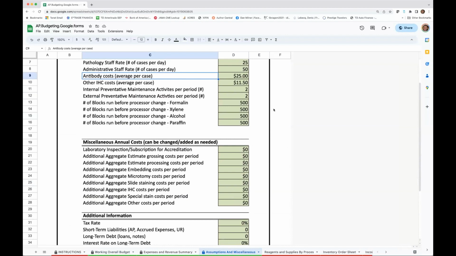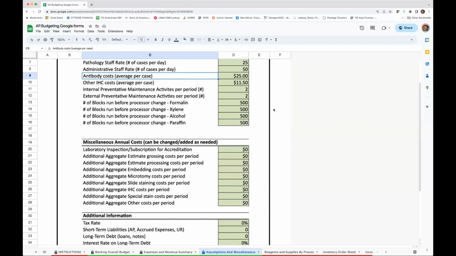Now, you may actually not change your formalin every 500 blocks; it might be every 3,000, every 4,000, every 200, whatever it is, but you have to look at your practice and say, how often do we change it? Do we just change our formalin every month regardless of number of blocks, or do we change it every 500 blocks? So whatever that is, you can figure these numbers out, and you can change them in.